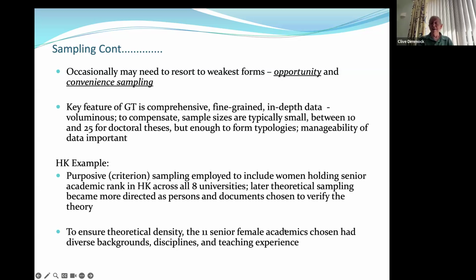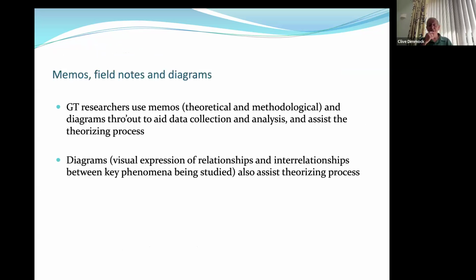So she came up with 11 senior female academics in her doctoral research. She writes memos, field notes, and diagrams. As she's going through analyzing the data from each one, she's writing memos to herself, which may inform her subsequent data collection. And she's drawing diagrams to try and make sense of the data as she's analyzing it at each step of the way.